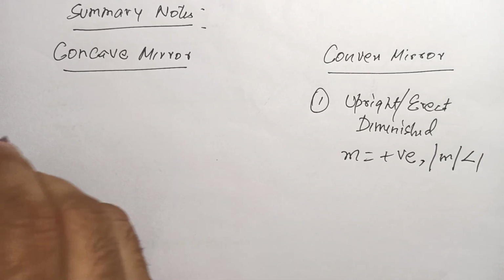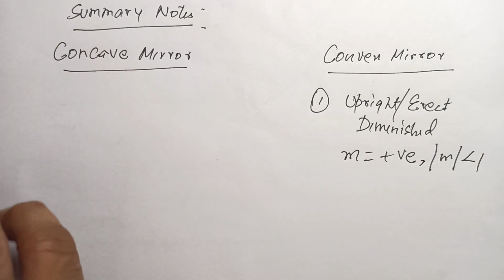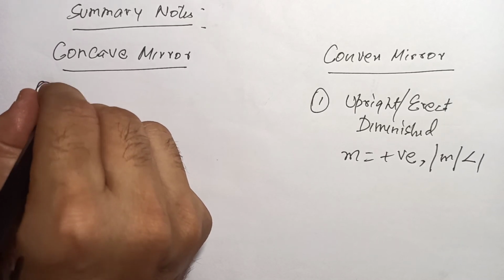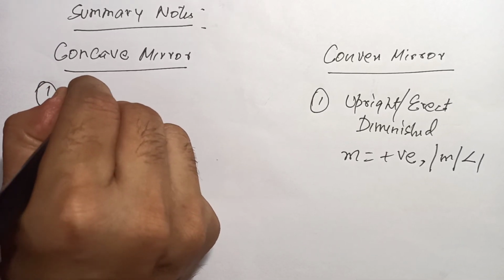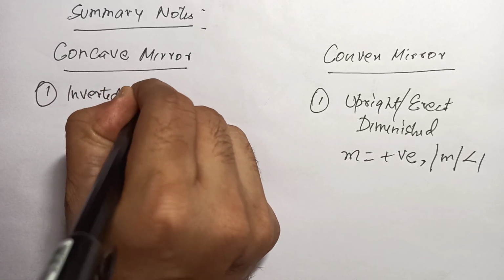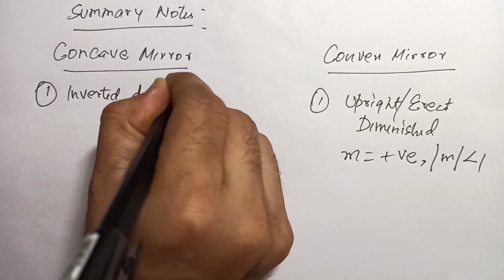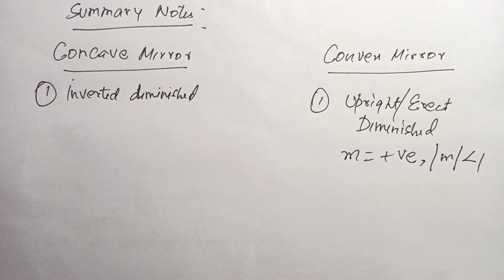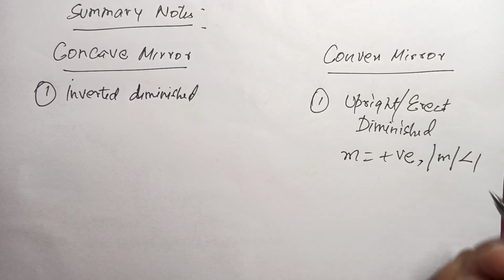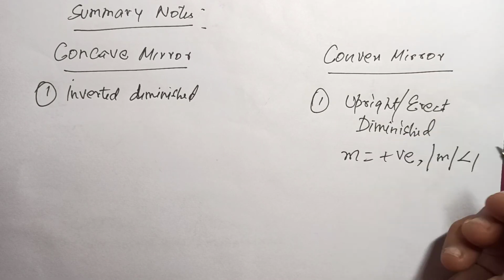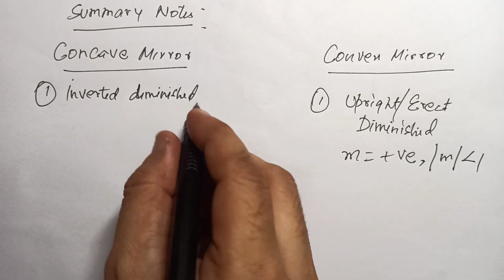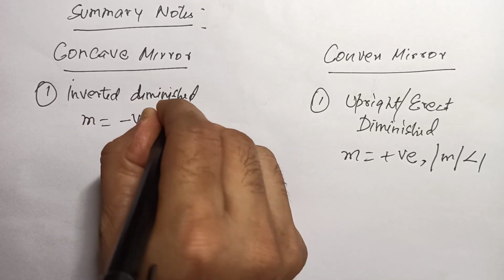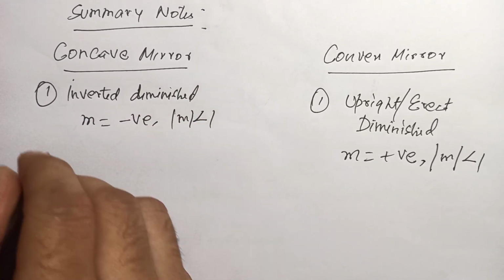Okay, very good. Now coming on to concave mirror. Case 1: inverted, diminished, M is negative and mod of M is less than 1.